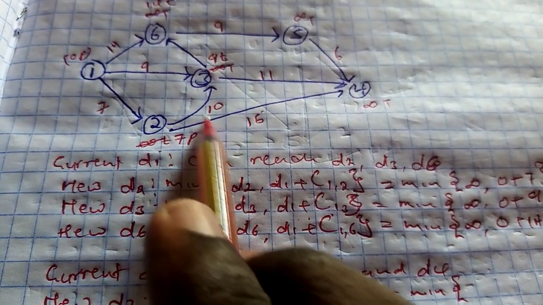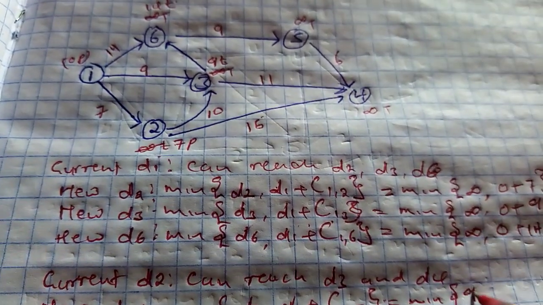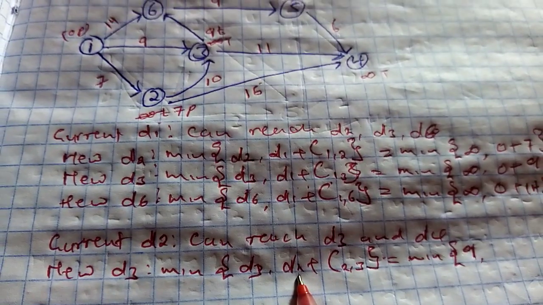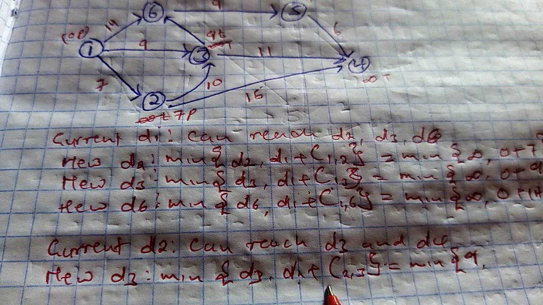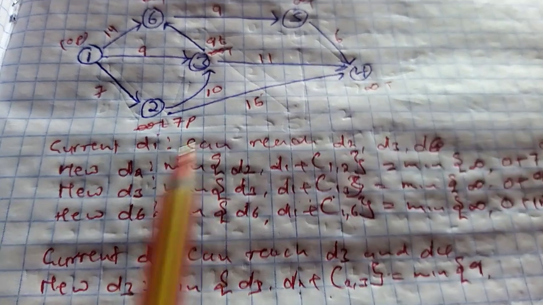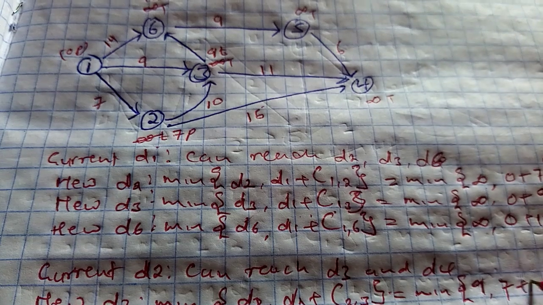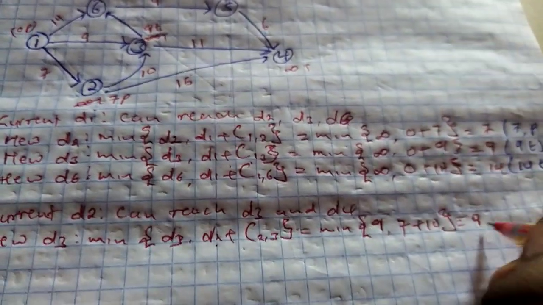D3 is now 9. D2 is 7 plus the weight, which is 10, so it is 7 plus 10. The minimum here is 9.